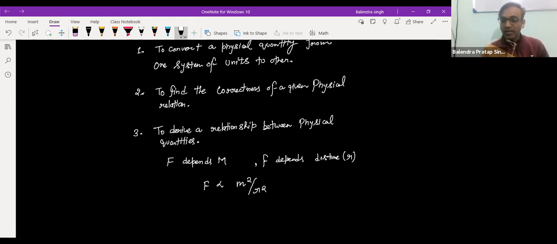That is basically the formula for gravitational force, G capital M small m by r squared. I will discuss this formula in detail in the chapter of gravitation, but here only for discussion purposes, that two physical quantities have some relation, and to find the exact relation we use the dimensional analysis method. So there are basically three major applications of dimensional analysis. Is it clear?